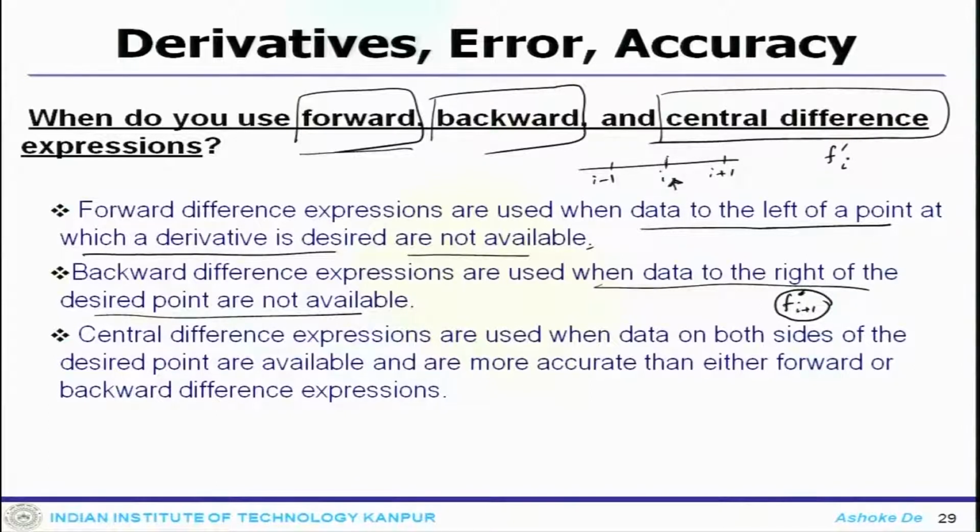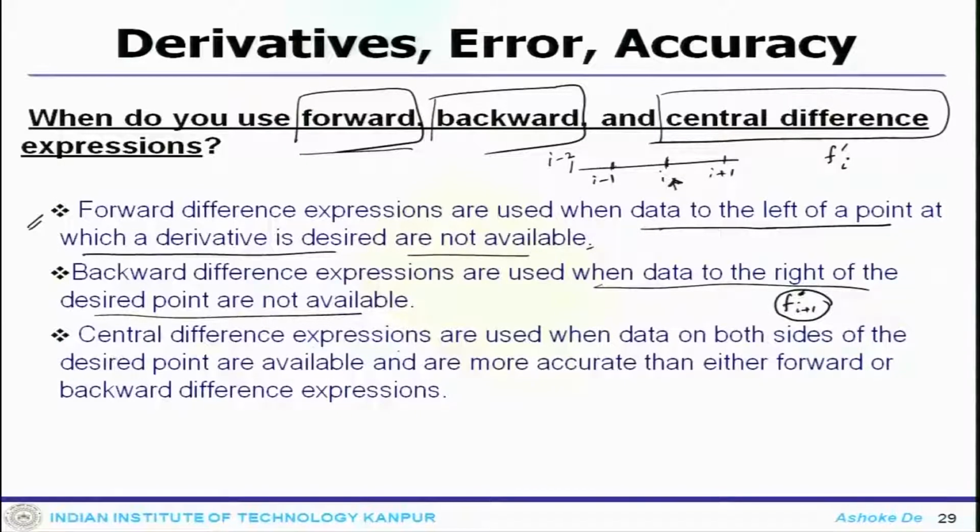Then I have only information before i, that means i minus 1 or i minus 2, so I use backward difference. In the other case, the forward differencing case, when i minus 1 is not available but i plus 1 is available, I use forward difference.